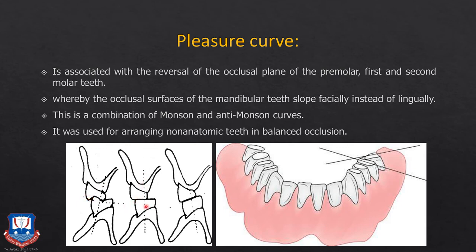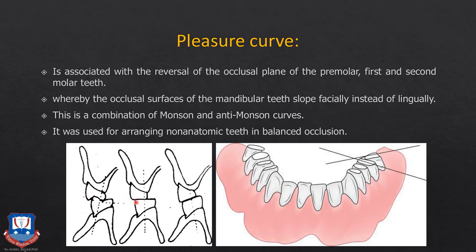The mandibular first molar has a flat occlusal plane, that is, it is neither tipped buccally nor lingually, whereas the mandibular second molar has a sloping occlusal surface which is sloping facially. So these three are a combination of the Pleasure curve.